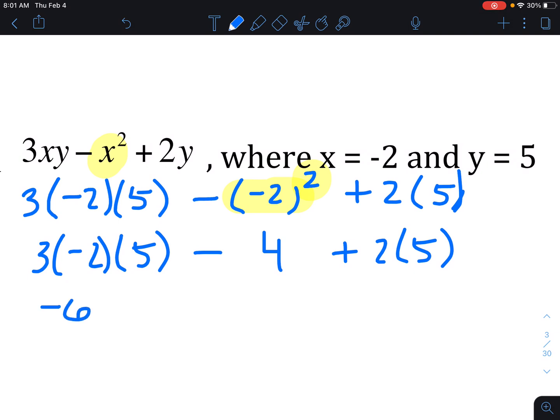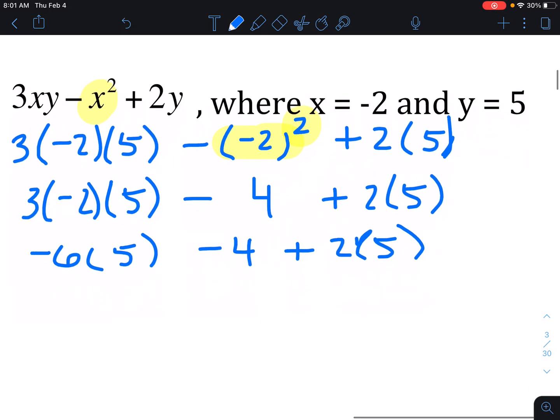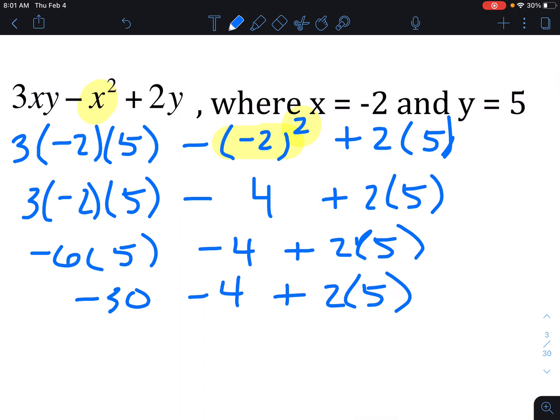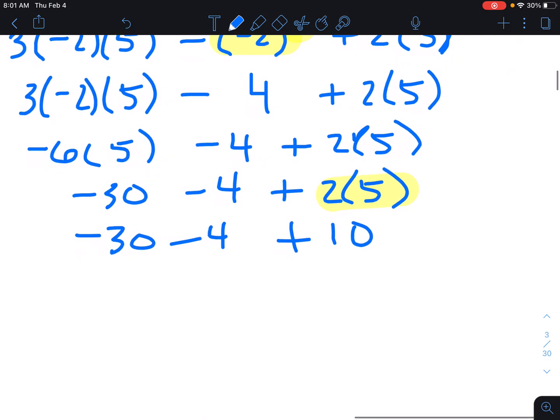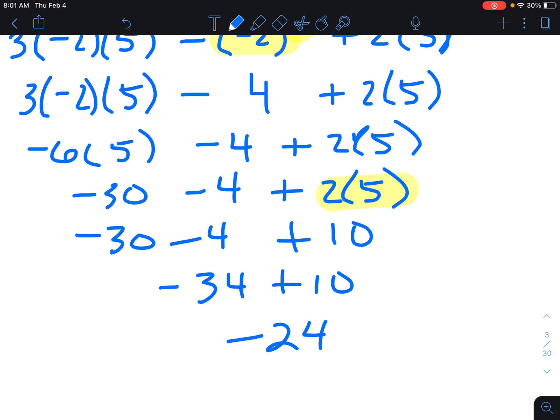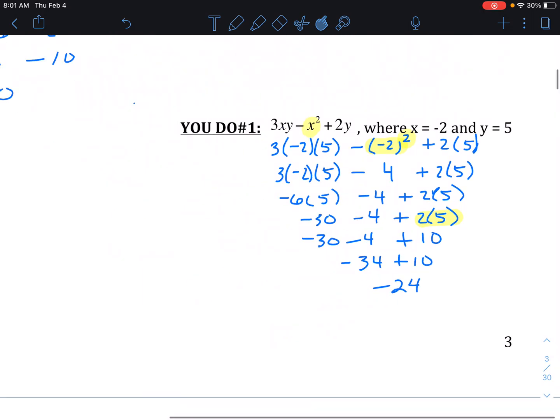This will be -6. Then -6 times 5, -30. Then multiply here to get +10. And then add and subtract left to right. That'll be -34 plus 10 is -24. Hope you guys got that correct. If you did, great job.